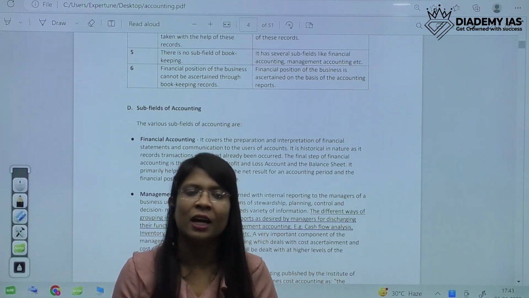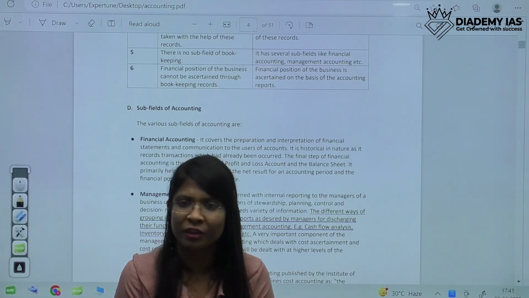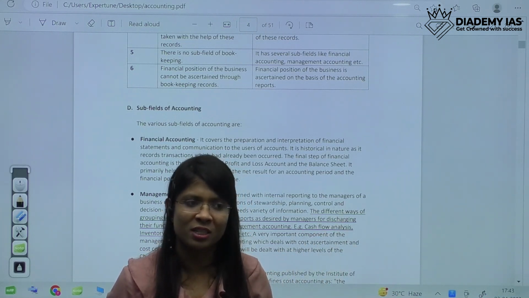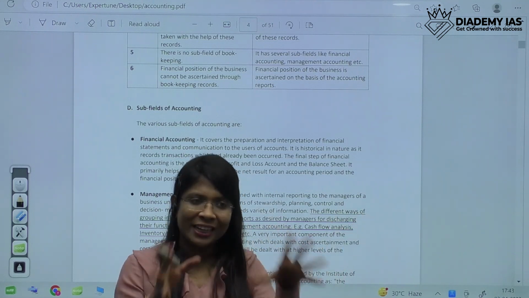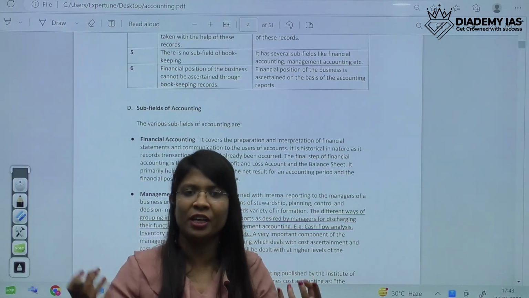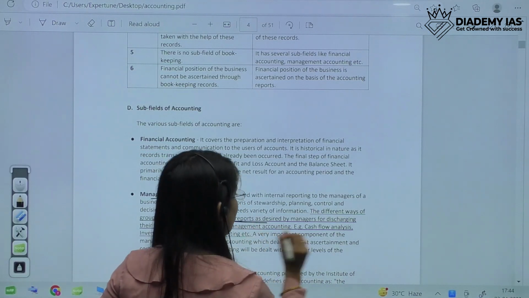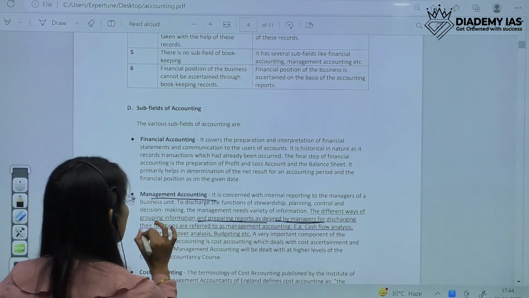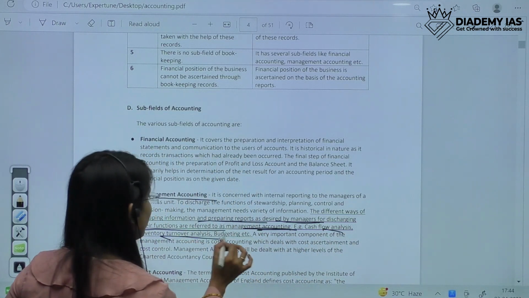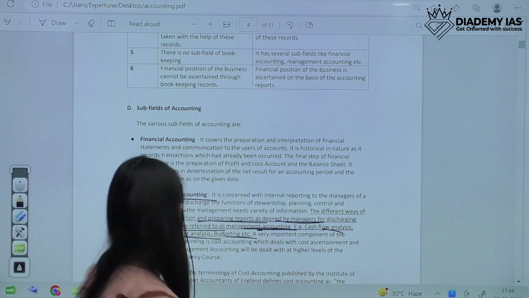One day our management may need to know the budget of our company, or the cash position of our company. So they might call one employee and ask, what is the cash position of our company? Make a cash flow analysis, make cash projections for the future. Any report required by our management so that they can derive information comes under management accounting. So the preparation of any reports required by the managers for discharging their functions is known as management accounting. There could be cash flow analysis, inventory turnover analysis, budgeting, etc. These are the things that come under management accounting.